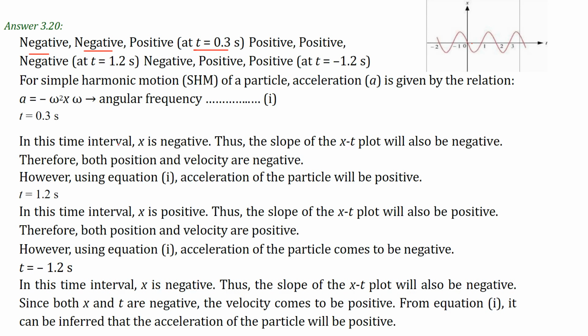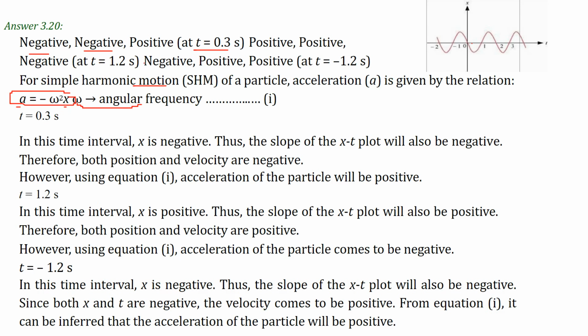How to find out the acceleration? Acceleration of simple harmonic motion, SHM, is given by a equal to minus omega squared x, where omega is the angular frequency. On this basis, we'll find out the acceleration. Position and velocity are quite easy to find out from the x-t graph.